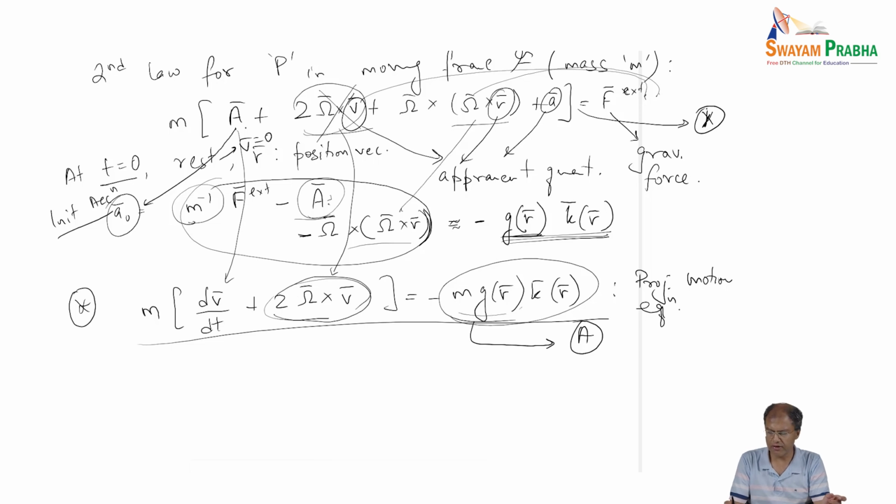All the other effects, like the Coriolis effect and the centrifugal effect of the Earth, are absorbed in this approximate g relation. That is the end of the discussion here, and we are going to see what happens in the next. We will start with some examples. Thank you so far for listening.